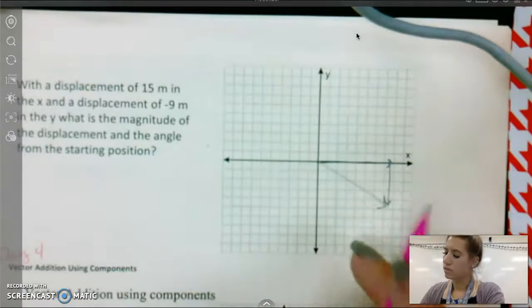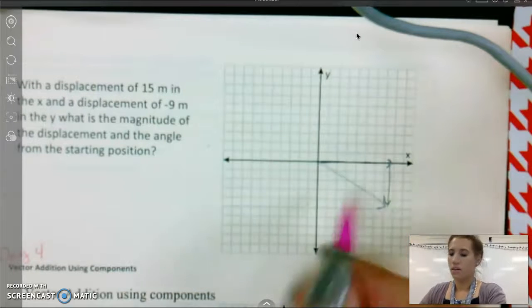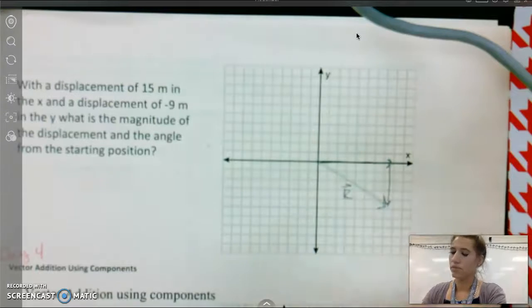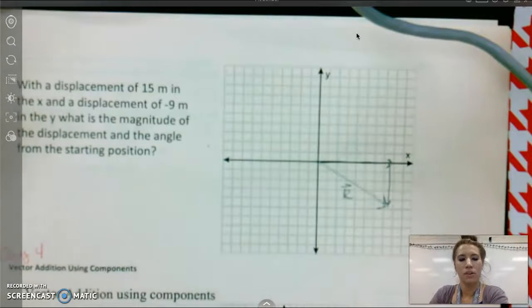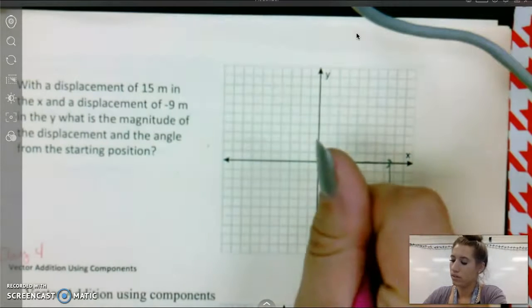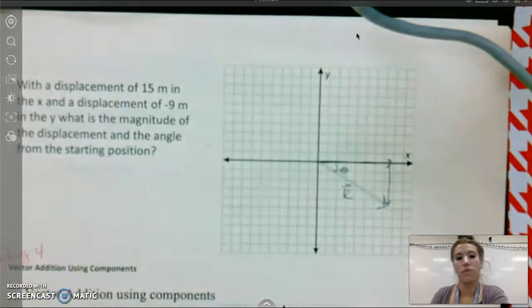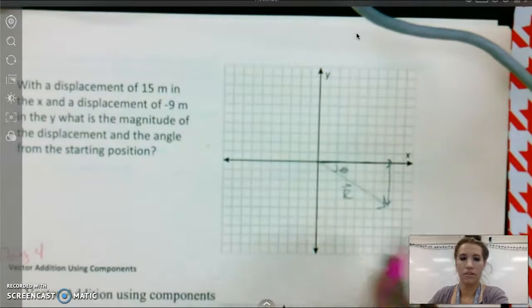Okay, so the resulting vector, we'll just call it the resultant for now. And we want to figure out this angle, and we want to figure out that magnitude.